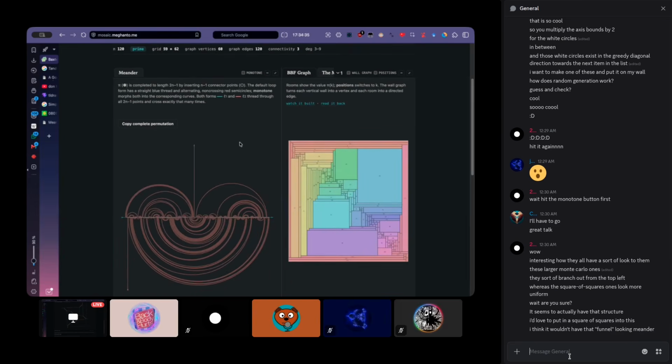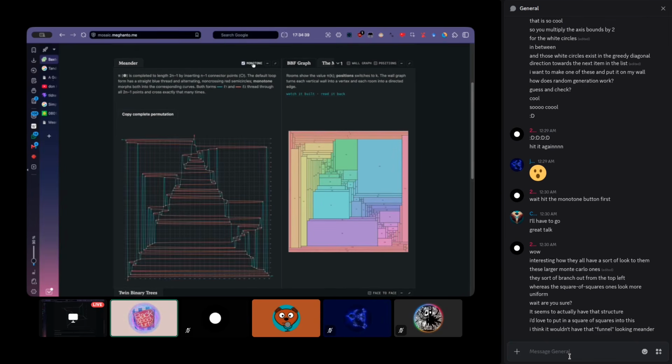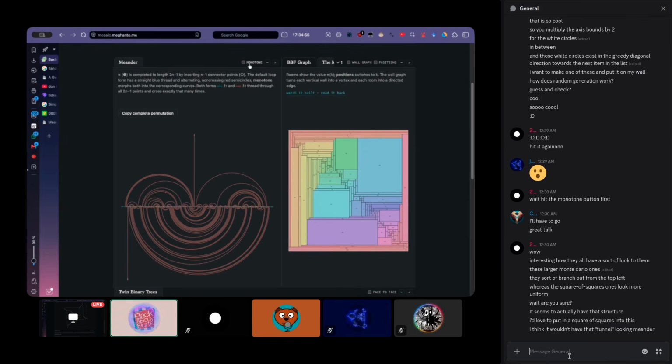So that's basically the kind of stuff you can see. It can be ascents and descents. The number of ascents and the number of descents matter a lot when it comes to primes and non-primes. Yeah, meander is very cool looking.